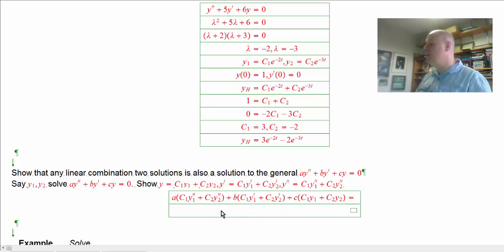Well, the algebra is going to be to collect all your y1s and all your y2s.